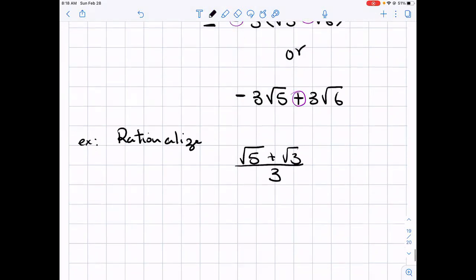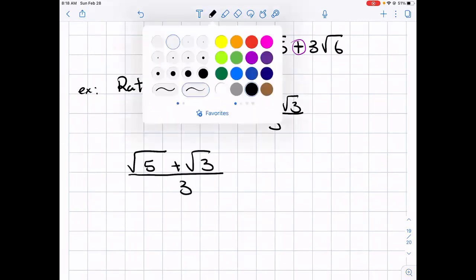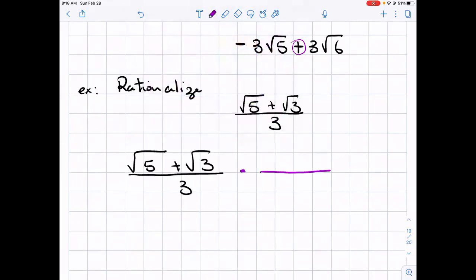In this example, the only way there's a root is in the numerator. So we'll have to rationalize the numerator in this example. So the conjugate here would be square root of 5 minus square root of 3, top and bottom.